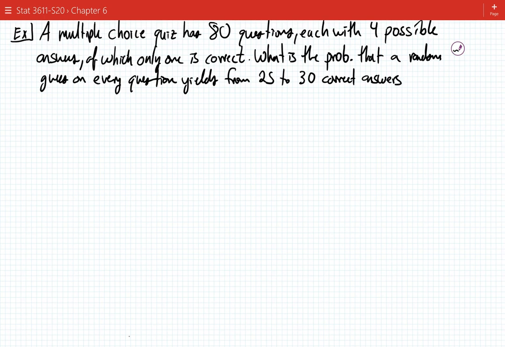Where's the probability that a random guess on every question yields 25 to 30 correct answers?